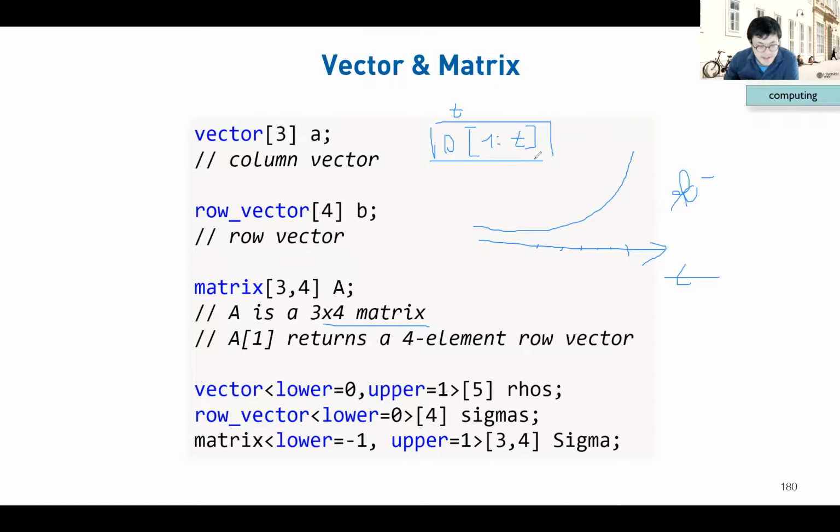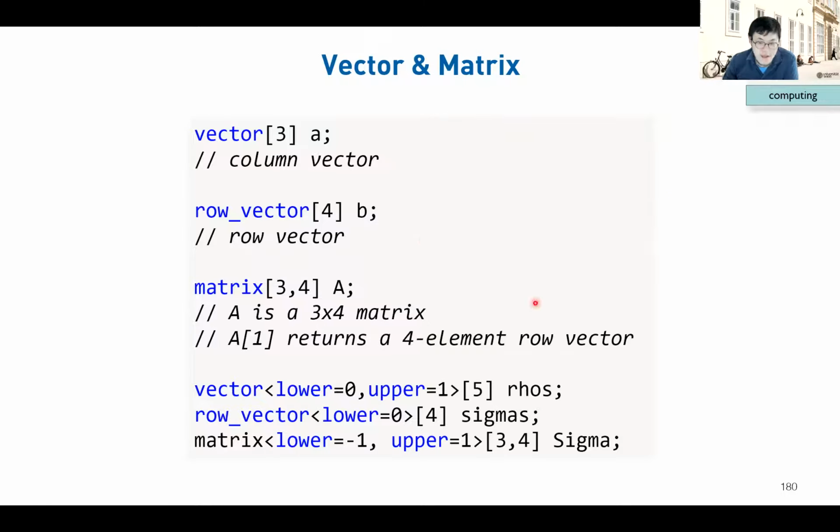So this is a place where you might need to index your data matrix. Good. And then we ask, can we also give the lower and the upper boundary of a vector? Yes. For a row vector, yes. For a matrix, yes. Just use the colon, and then you give the lower and the upper boundary as we did for scalars.